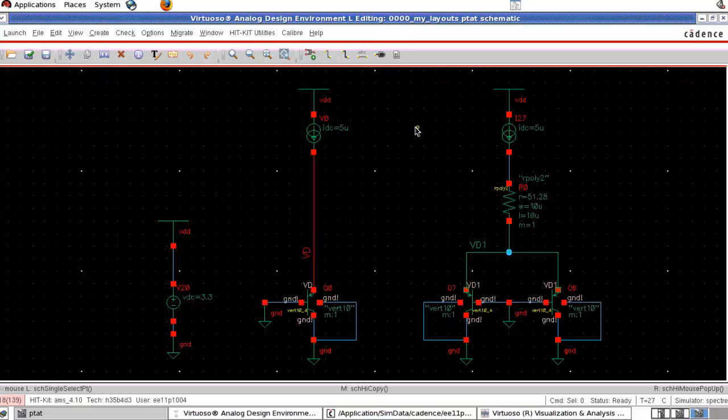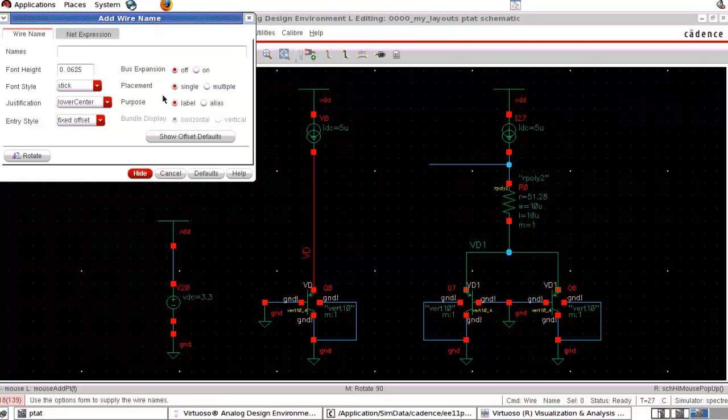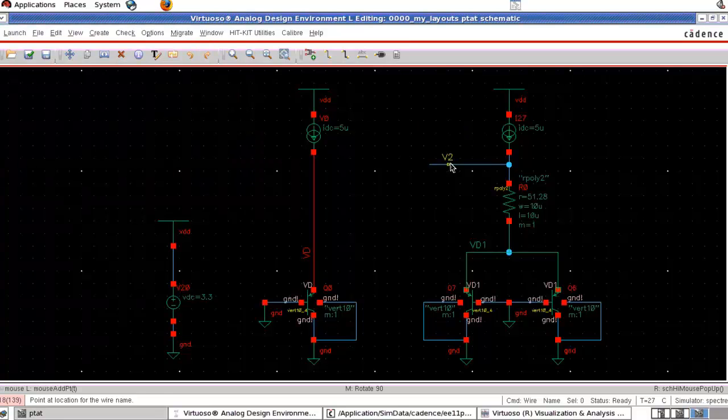So this was the second arrangement that we tried, and this node voltage, I am calling it V2. We did the same thing in our theoretical derivation also, where we named it V2. So I am labeling it as V2.